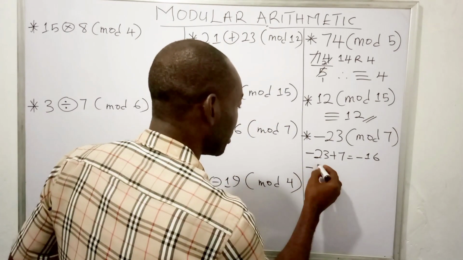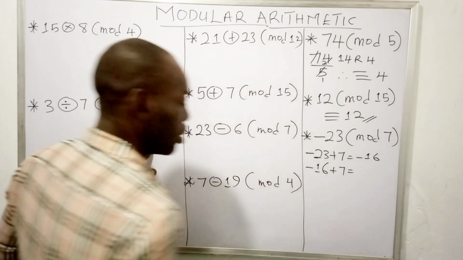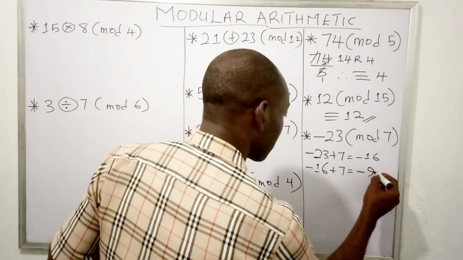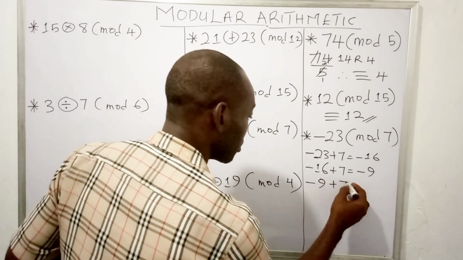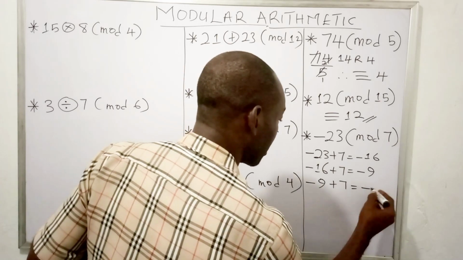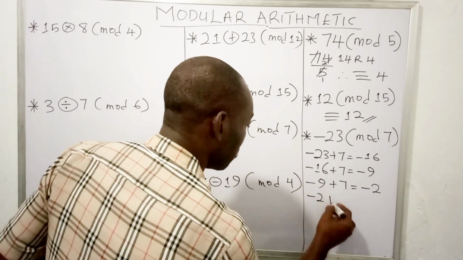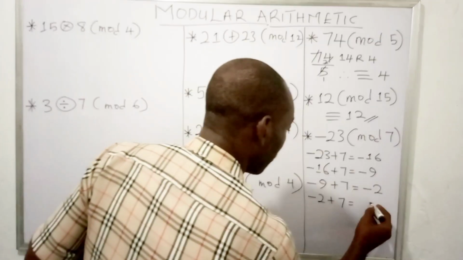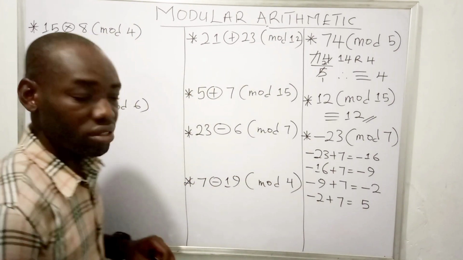Then we add the mode again to negative 16, and we have negative 9. Then we add the mode again to negative 9, and we have negative 2. Then we add the mode again, and this time we have a positive answer.